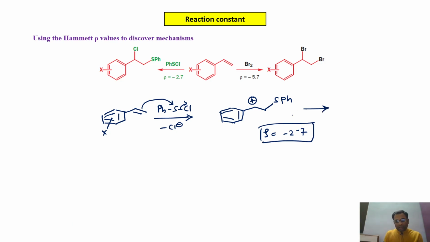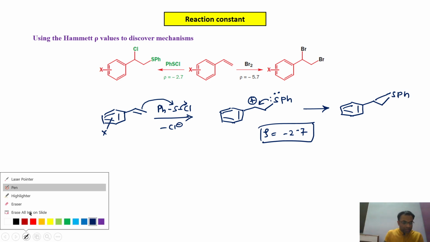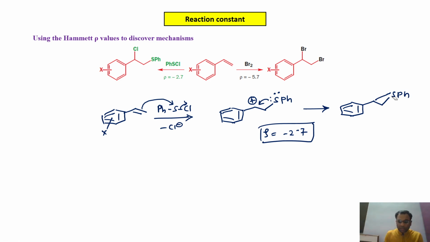this rho value clearly indicates that this reaction does not involve the formation of a carbocation, and therefore for this reaction the correct intermediate formed is a cyclic sulfonium ion.